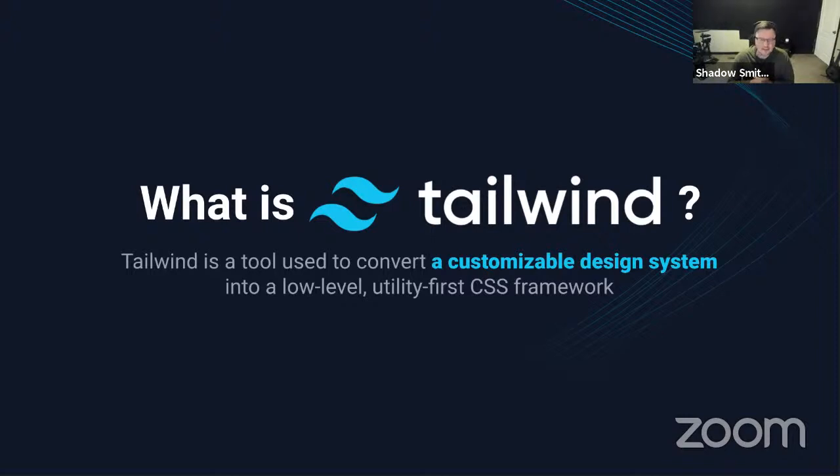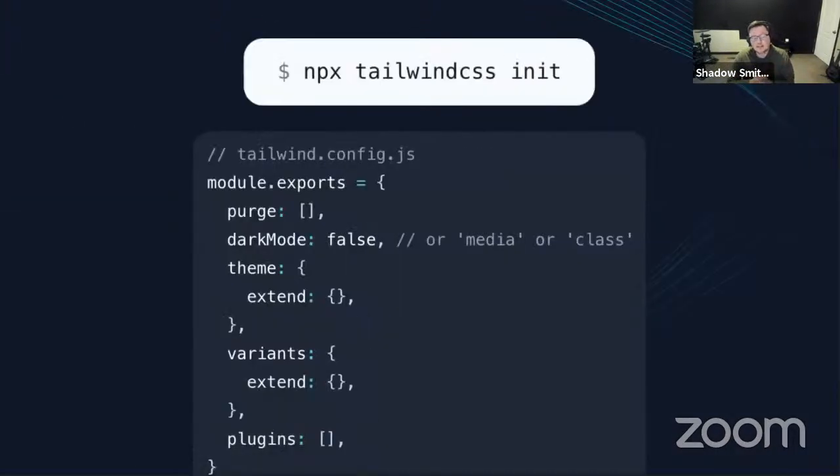Of course, you can expand it, and with all these preprocessors, you can customize the way the framework works to some extent. But Tailwind really lets you define the atoms of what you want this low-level utility CSS framework to be. And the way you actually define this customizable design system is once you have Tailwind in your project, you can run npx tailwindcss init, and it will give you a tailwind.config.js file.